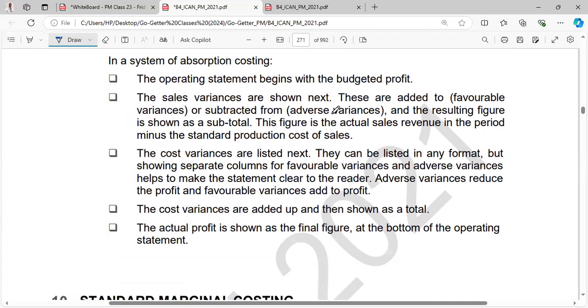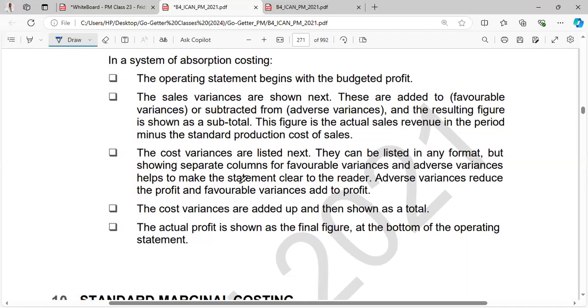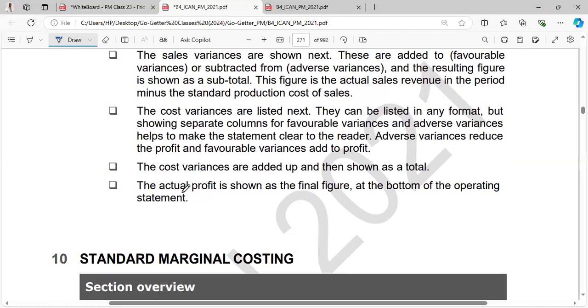The resulting figure is a subtotal, then the cost variances are listed next. Any favorable, they have separate columns for favorable, separate column for adverse, right? So then we will now have the actual profits when everything is being reconciled. So it must tally with what you have in your actual statement.